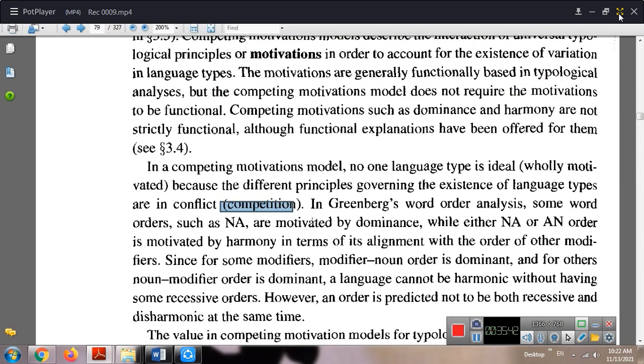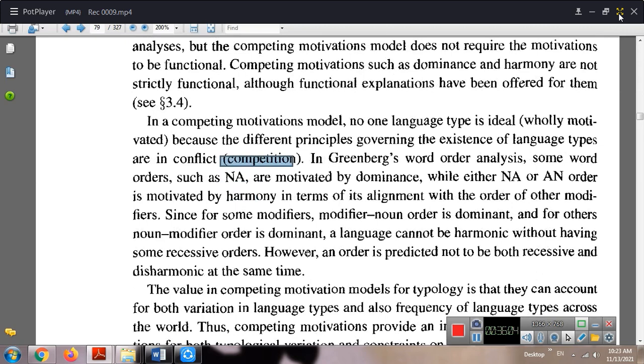In Greenberg's word order analysis, some word orders such as noun adjective are motivated by dominance, while other, adjective noun order is motivated by harmony in terms of its alignment with the order of other modifiers. Since for some modifiers, modifier noun order is dominant, and for others, noun modifier order is dominant.